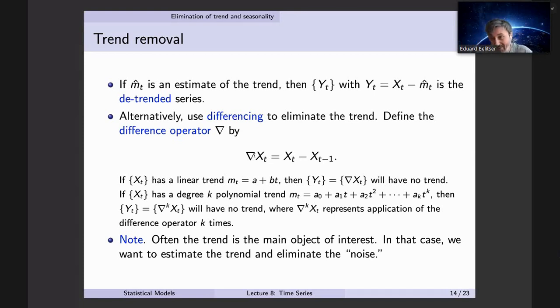But hopefully you have a very long one, and you don't apply it that often, so that k is not too big. There's also a disadvantage: if you are interested in the trend itself, you're not going to get it. You're just removing it, and you wouldn't be able to estimate it.